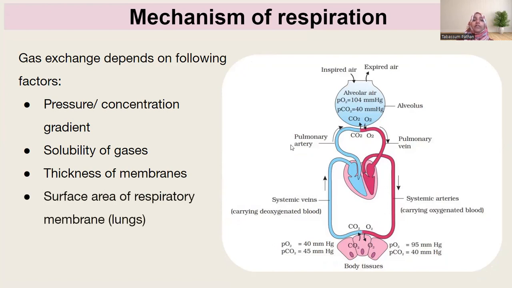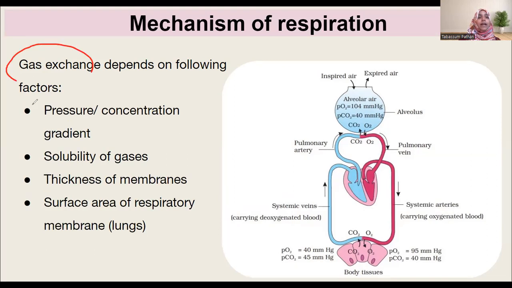Also the surface area of the lungs. So the gas exchange depends on all these factors. Having understood this in a bit more detail, moving to one more aspect of that.